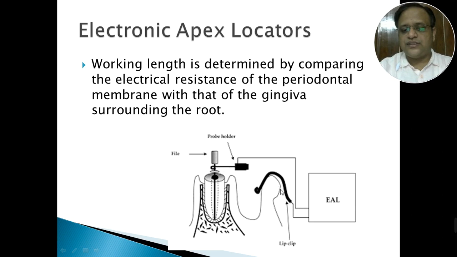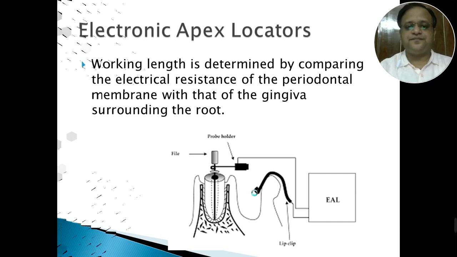This will hold on to the gingiva or the buccal mucosa of the jaw where you're working. So these are the main parts: one probe holder, one lip clip, and the electronic apex locator that you have. There is an electrical resistance that is predetermined. So they actually capture it like 2 electrodes, keeping it simple to understand.